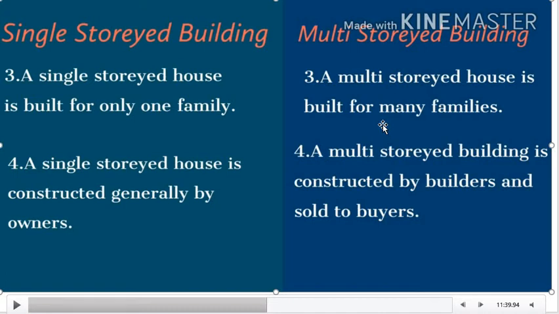That is constructed by the owners. Whereas in the buildings, the builders who have bought a big piece of land hire the contractors, and after successful completion of construction, they sell it to the buyers. The different floors are divided and sold to the buyers.